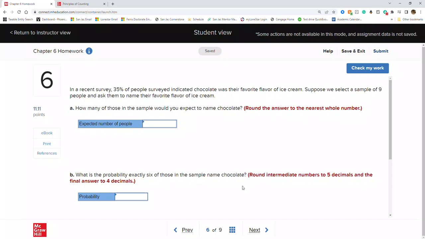Okay. It's basically still a binomial, because it's either going to be chocolate or it's not. They're going to pick a different flavor. So, how many of those in the sample would you expect to name chocolate?